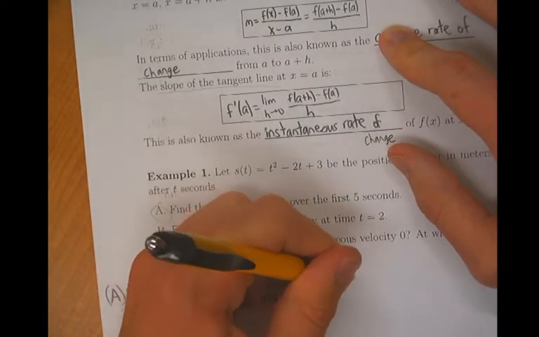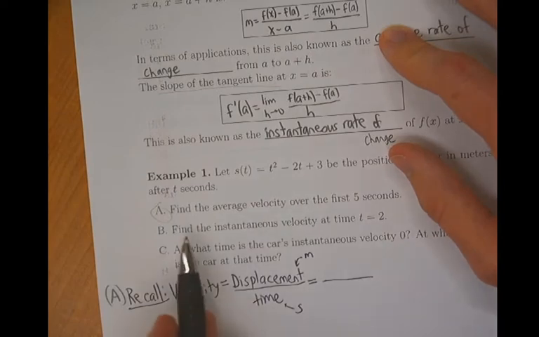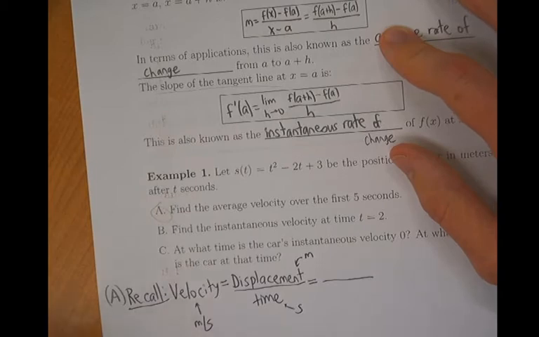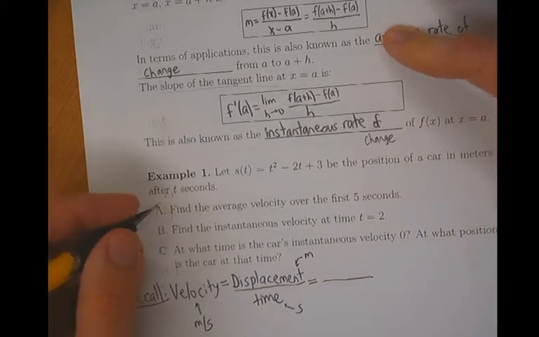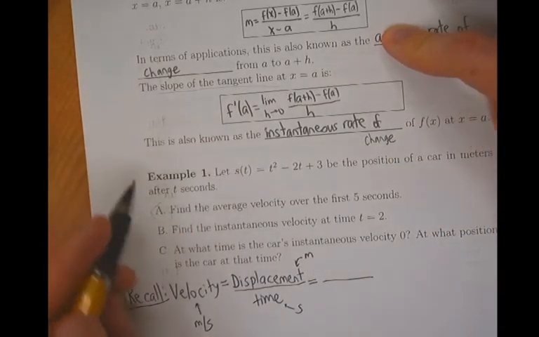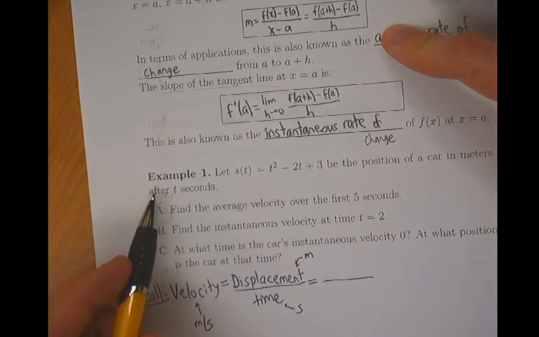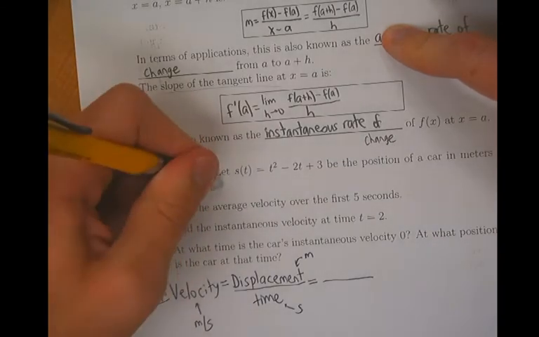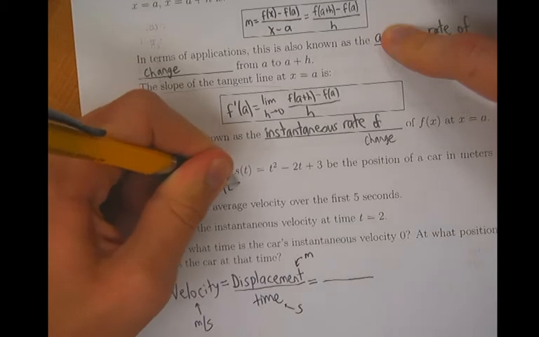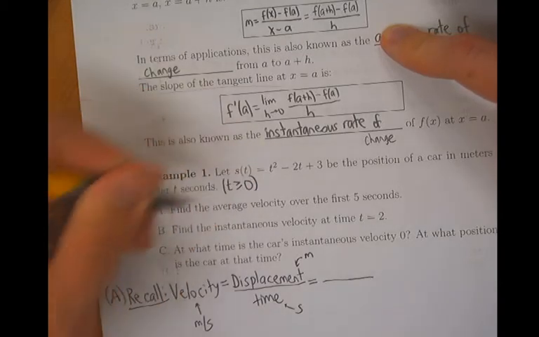So, since we're finding the average velocity over the first 5 seconds, that should mean we need to focus on what 2 values of t here. In this context, we're focusing on the position after t seconds, which usually implicitly means we're going to have t greater than or equal to 0.